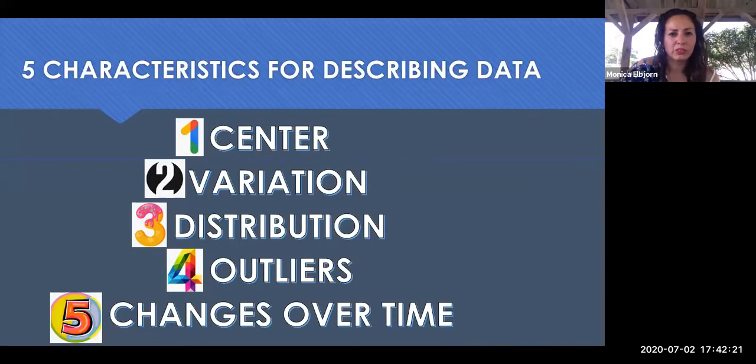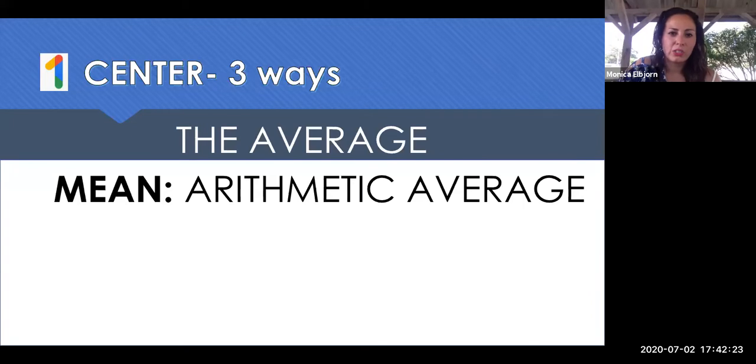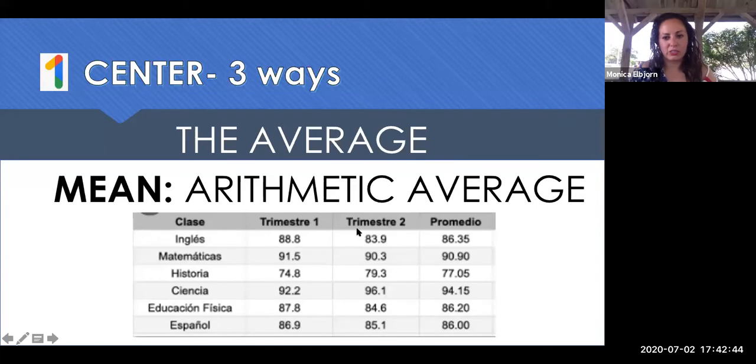So the first one that we're gonna talk about is the center. As I told you before, this is called the average for most people. It's pretty common to say average or the mean, which is the arithmetic average. A quick example I thought of is your classes.